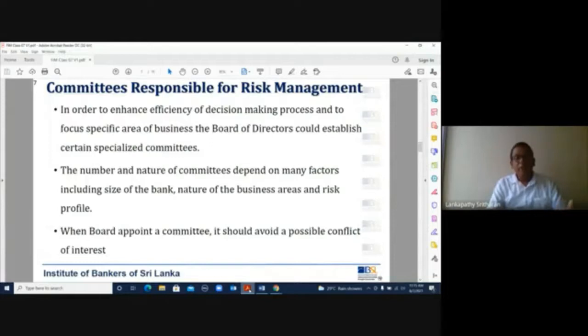When the board appoints a committee, it should avoid a possible conflict of interest. When the board of directors appoints the committee, they have to clearly give the TOR, the terms of reference of that particular committee, with a clear demarcation of their functions and duties, to avoid a conflict of interest.